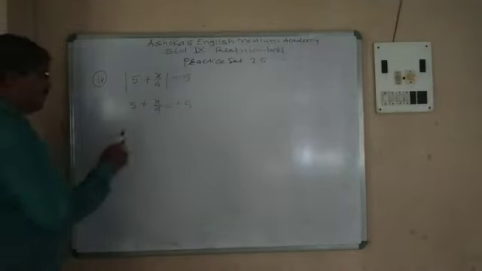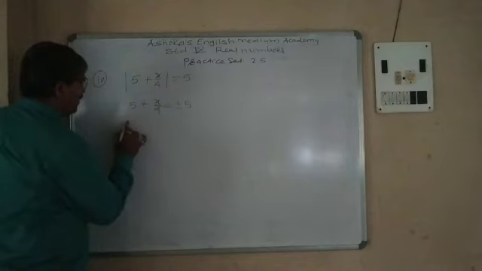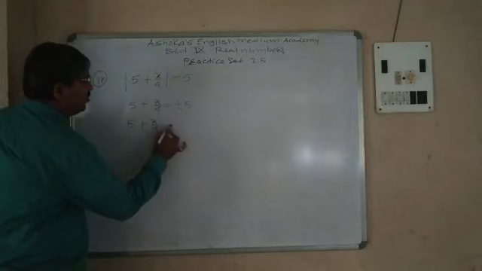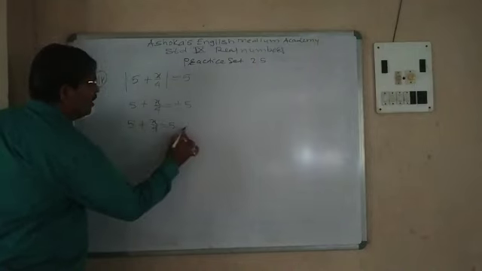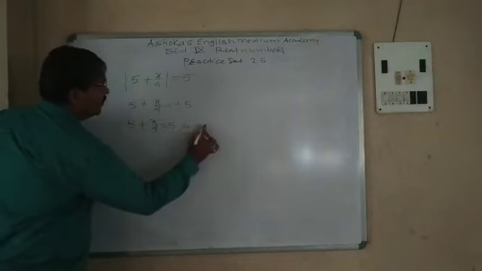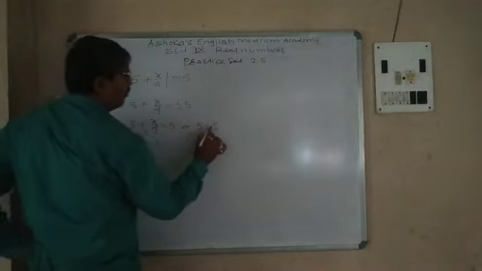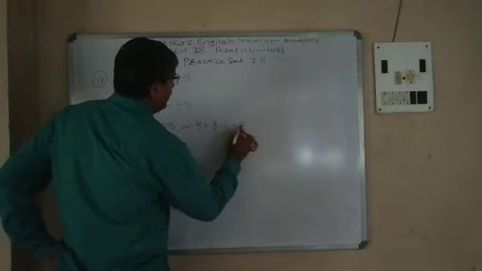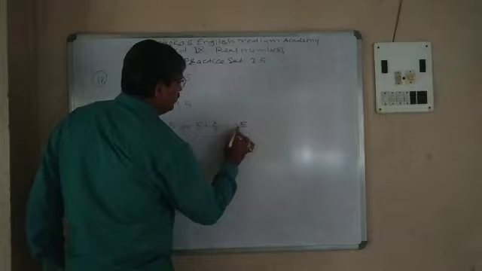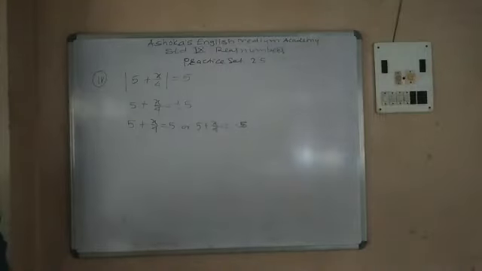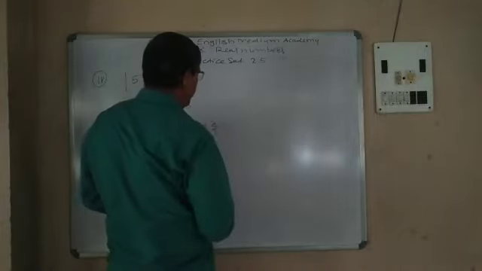Now what should we do? One time plus, one time minus. 5 plus x upon 4 is equal to positive 5, or 5 plus x upon 4 is equal to minus 5. It means one time positive, one time negative.